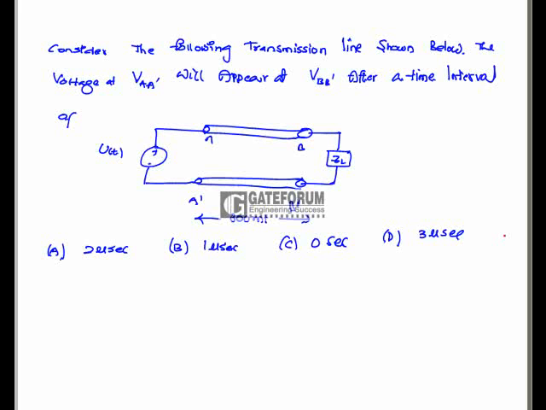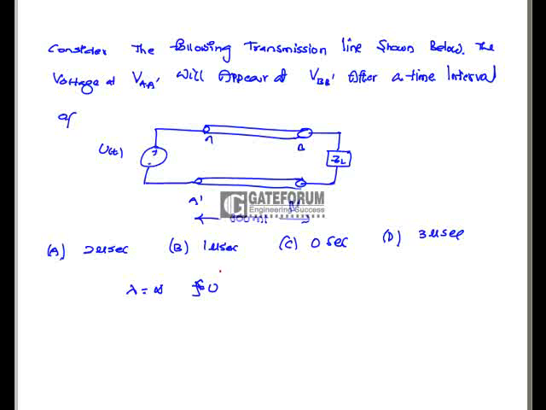For the transmission line shown below, the voltage at AA dash will appear at BB dash after a time interval of. See here, this is the DC signal, that is U of t. Here length is 300 meters. That is, lambda is equal to infinite because frequency is 0 for the U of t.